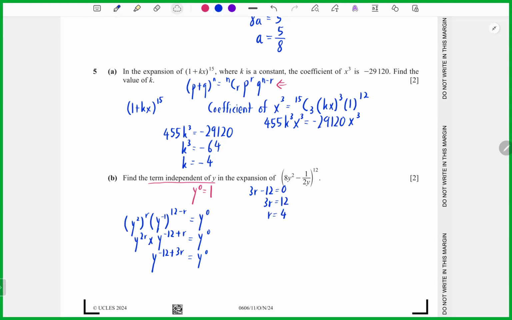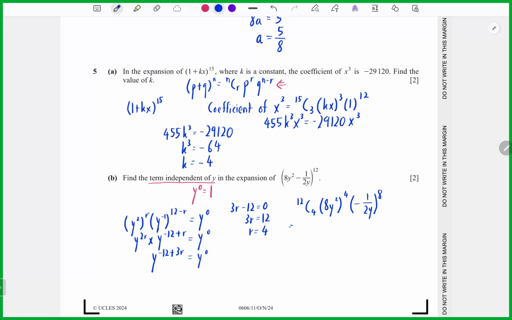We can substitute r equals 4 back to find the term independent of y. So I take 12C4, (8y squared) power 8, and (negative 1 over 2y) power 4.